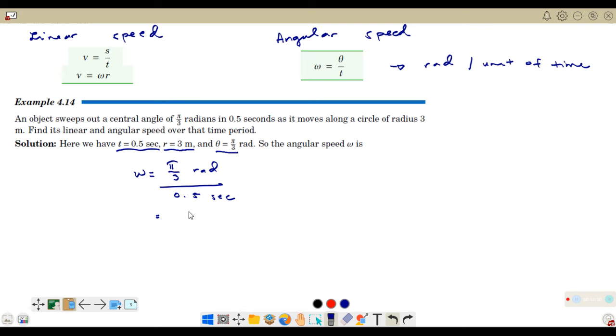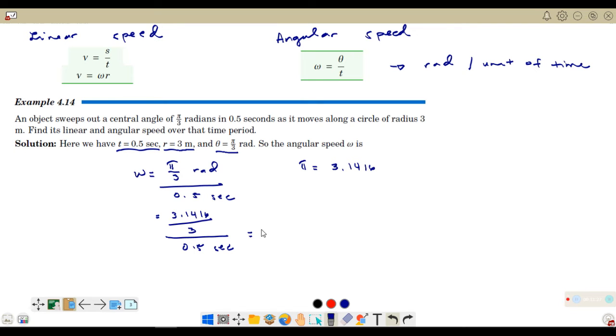Okay, we have two solutions here. One is by substituting the approximate value of pi, which is 3.1416. Pwede rin naman na exact value. So, parehas natin siya i-compute. Dito muna tayo sa substituted na si 3.1416. So, 3.1416 divided by 3 divided by 0.5 seconds.